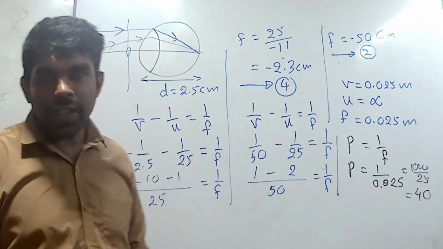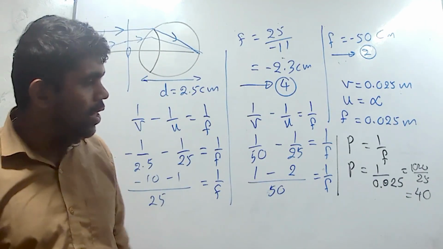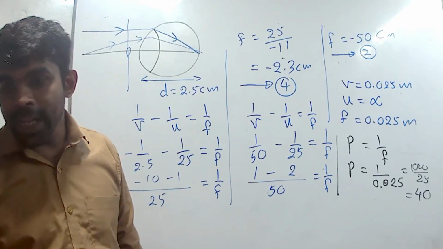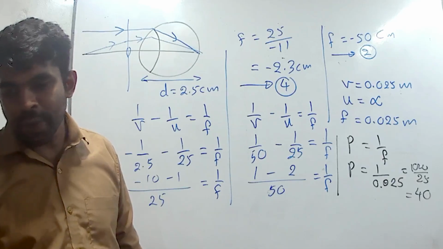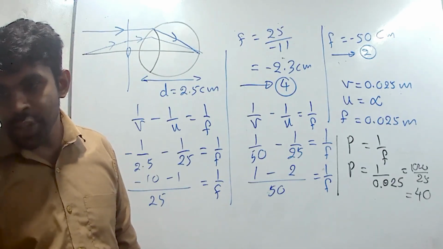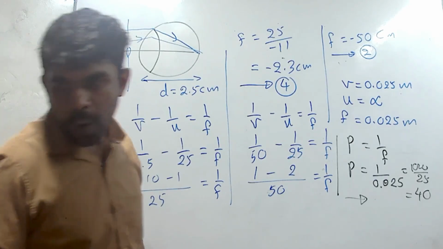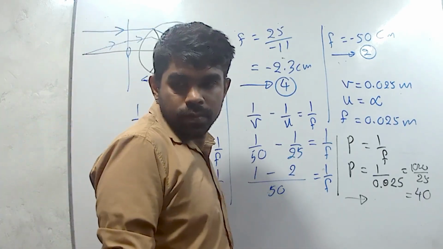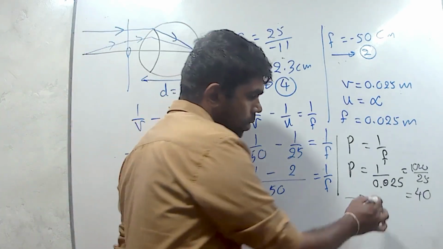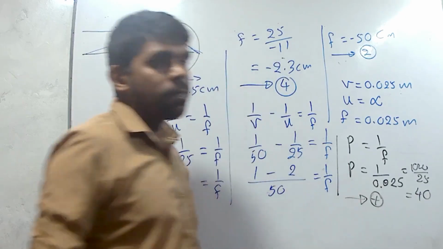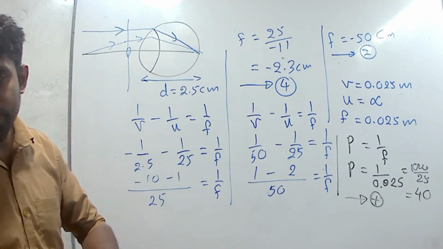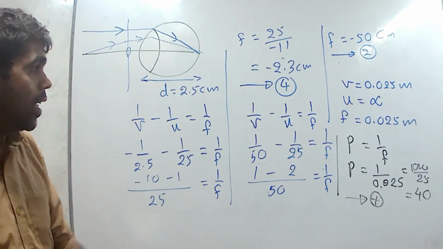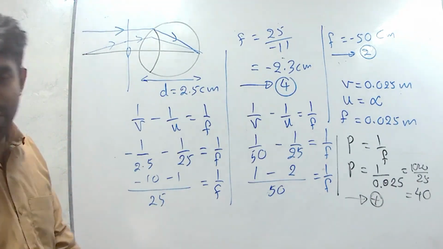Then we have to use an extra lens with lens power of 5 diopters. Then a convex lens of 5 diopters. There is a problem with the answer numbers. The answer should be 4. Convex lens and power should be 5 diopters.